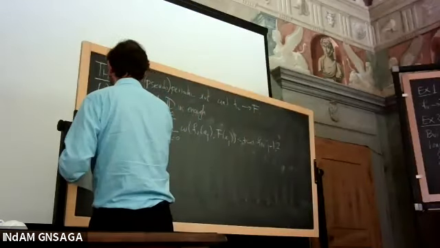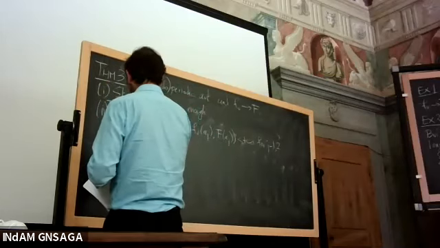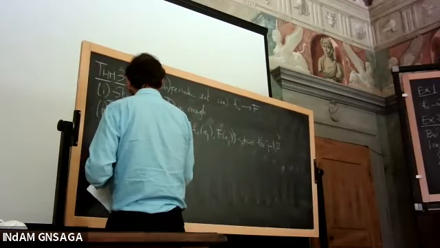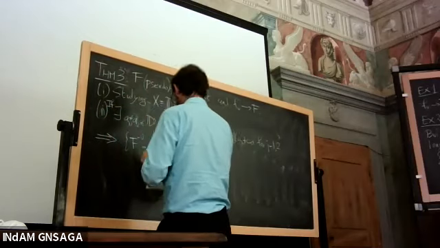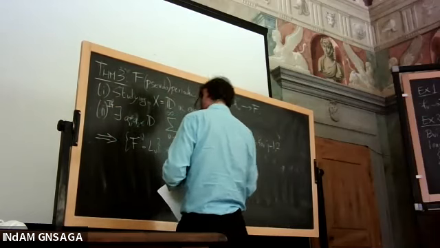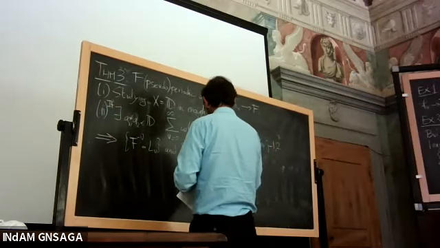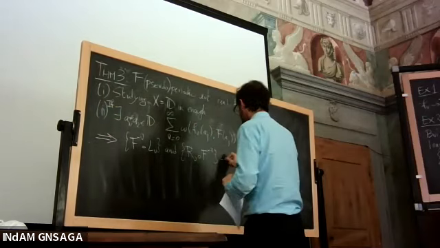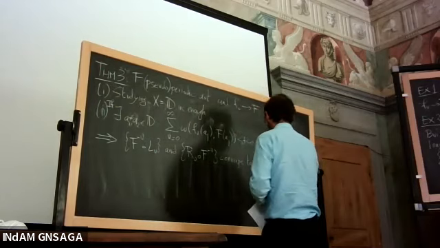Then what happens is that capital F minus mu composed with A mu, and capital F R mu composed with F minus mu, converge to a non-constant model.